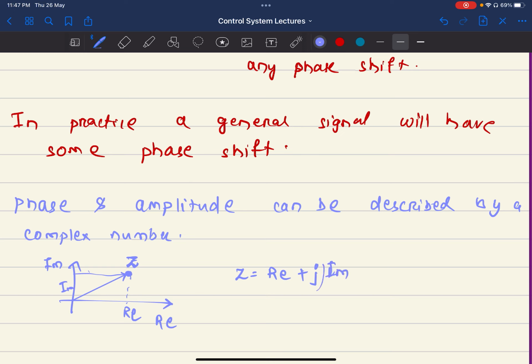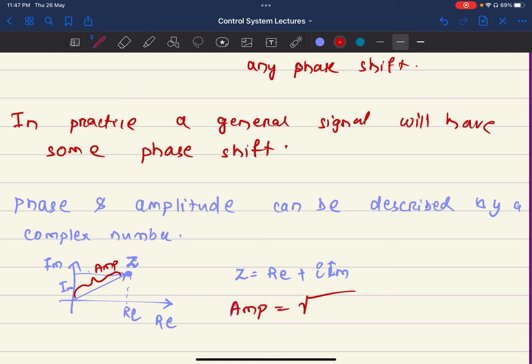This j denotes the imaginary axis, nothing else, the iota, or you can take it as i, whatever feels correct to you. And the amplitude, this value, what is the amplitude?